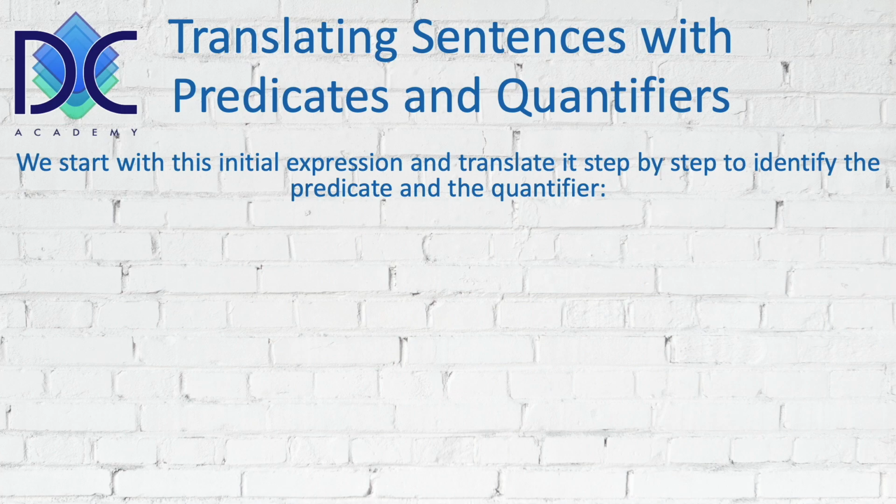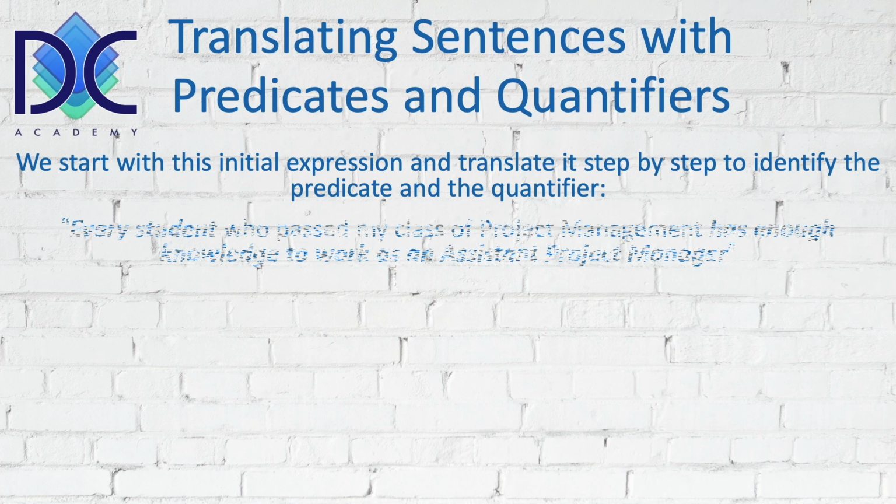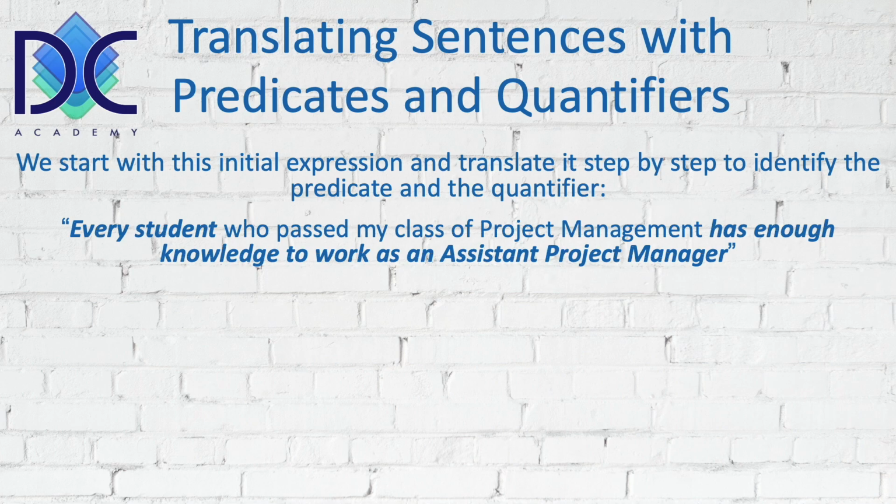So basically we have to identify the different predicates and the quantifiers, the universal or the existential quantifiers, and also some logical functions like implication, and, or, negation and things like that. Let's have a look at a sentence.